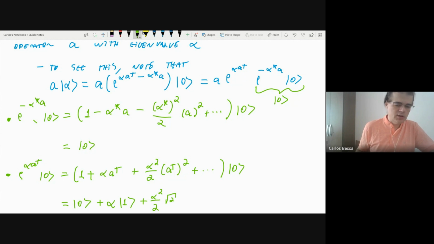The second will be just the square root of 2 times 2, because we applied it 2 times to the vacuum state, and so on. In general, this will be something like this: alpha to the n over n.